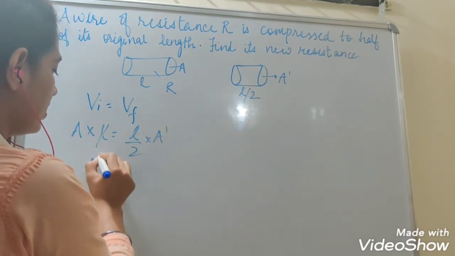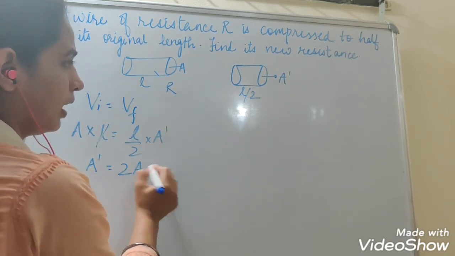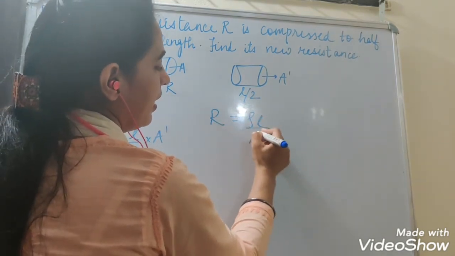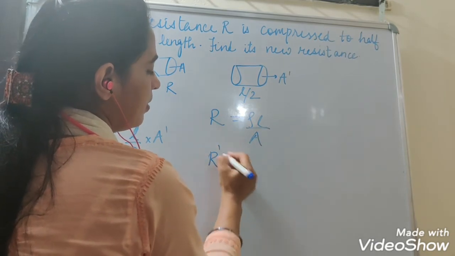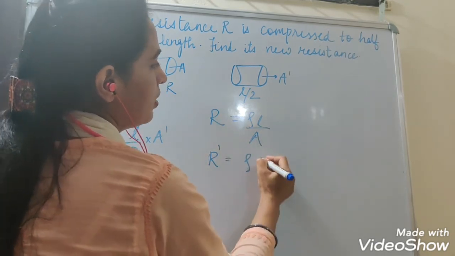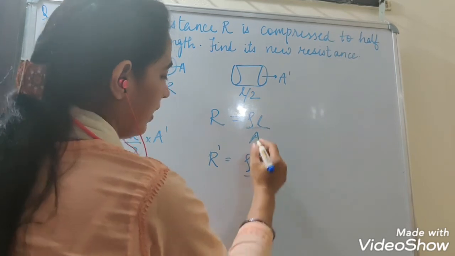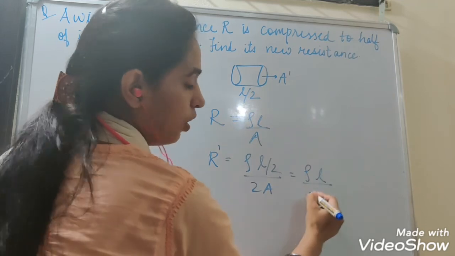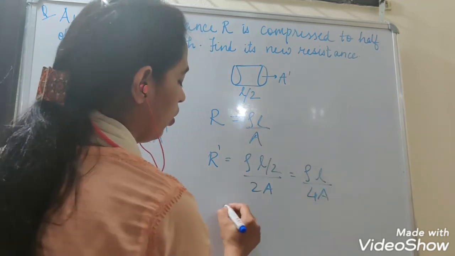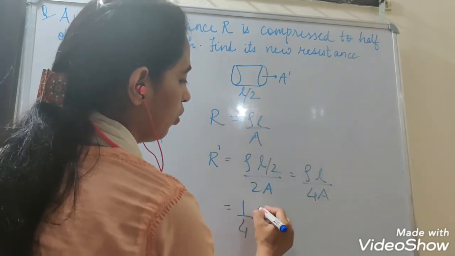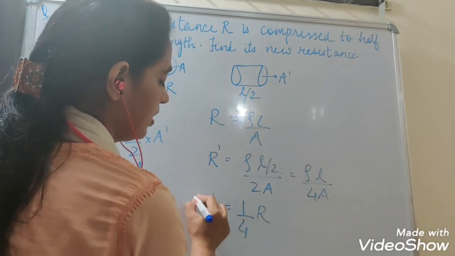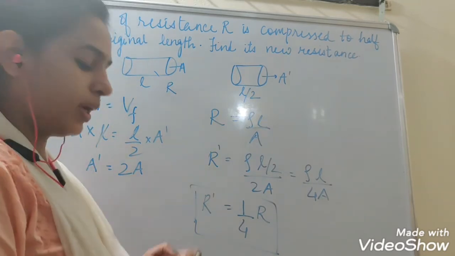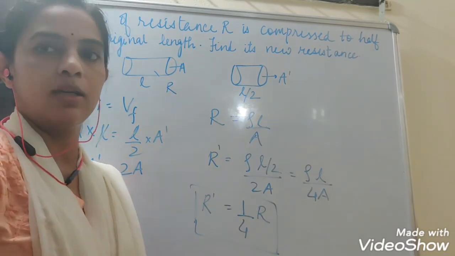So A dash is equal to twice of A. So original resistance was rho L by A. New resistance R dash will be rho L by 2 and twice A. So that becomes rho L by 4 times A, or that is 1/4 of the original resistance. So the new resistance decreases 4 times. Okay, so this was again a short question.